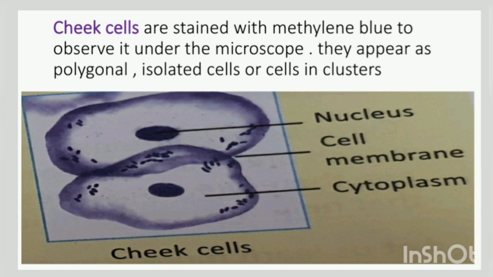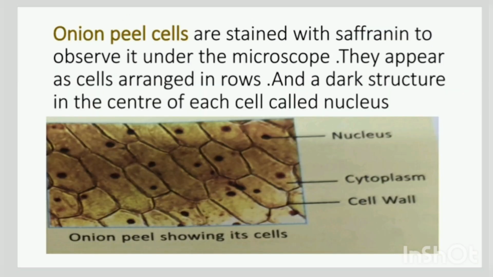To prepare the slide for the onion peel, you have to take a small piece of the transparent covering of the onion peel, put a drop of the stain safranin over it, cover it with the cover slip and observe it under the microscope. You can see it will appear like this, as shown in the picture.